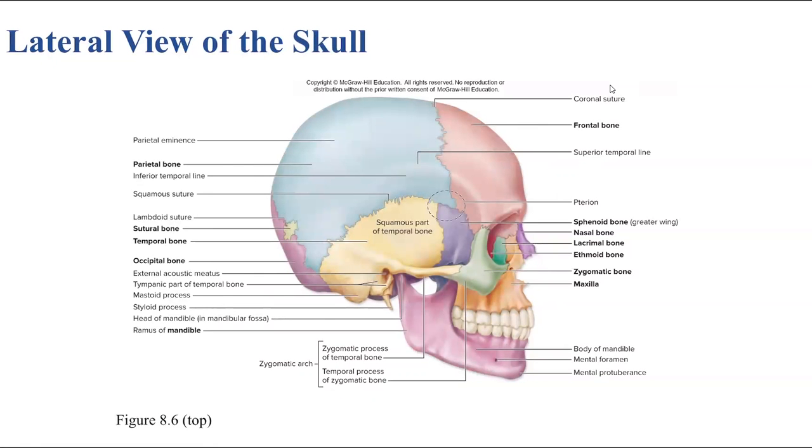Okay, so if we look at a lateral view, all right, let me get the highlighter. Okay, so you should know parietal, right? So we're just repeating things over and over again. Frontal. Okay, now you can see more of the sphenoid bone. So the sphenoid bone is this purple right in here. And it looks like a butterfly. When we take the skull cap off, you'll be able to see it.